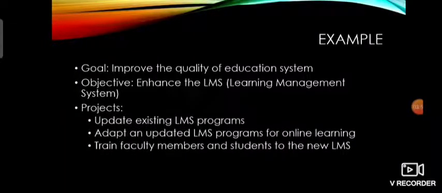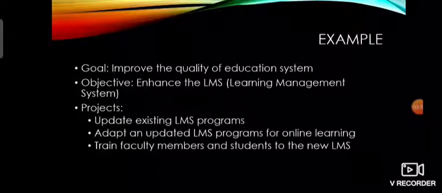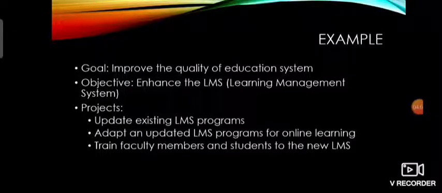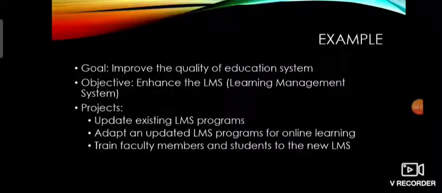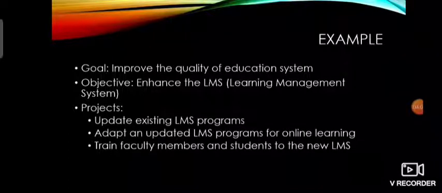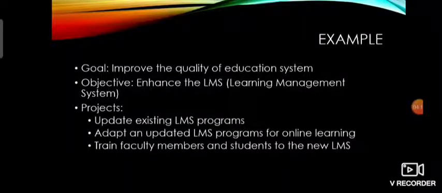Okay, so what could be the projects that we could do? Number one here is to update existing LMS programs. That's what we did, we upgraded our LMS, which is Canvas. Alright? Next, we could also adapt updated LMS programs for online learning, which is the Canvas.